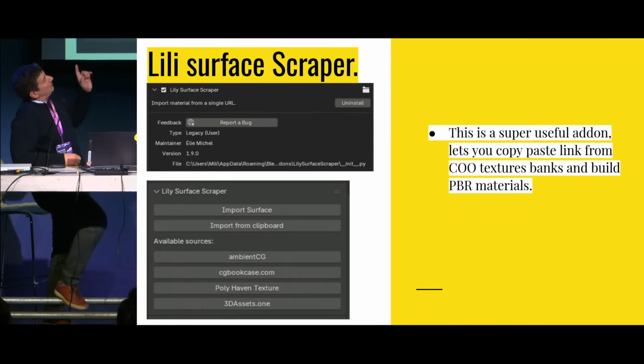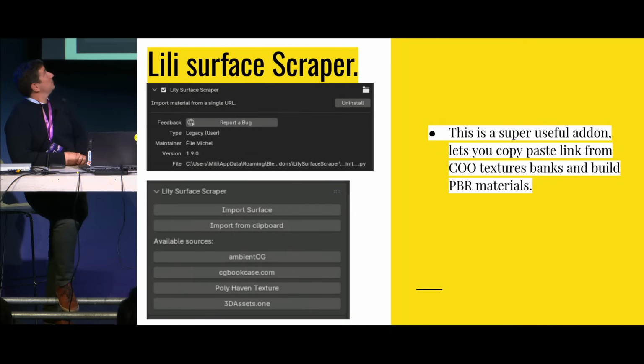And then I don't know if this is super known, but it's Lily Surface Scraper. It's super handy too for when you don't find textures. Here is the developer, I think it's Ellie Mitchell.